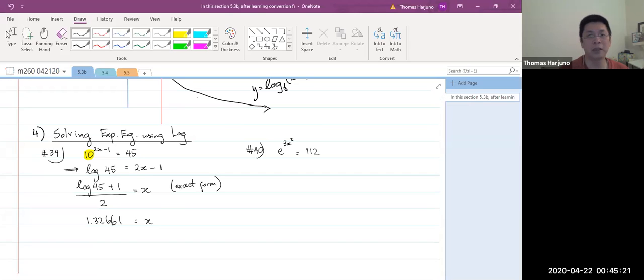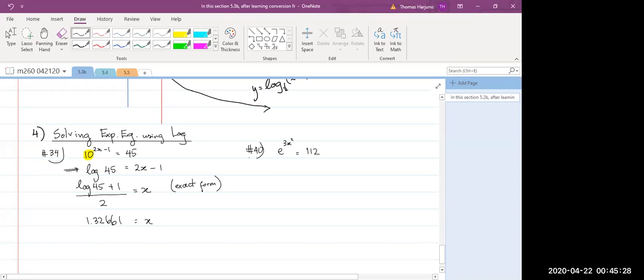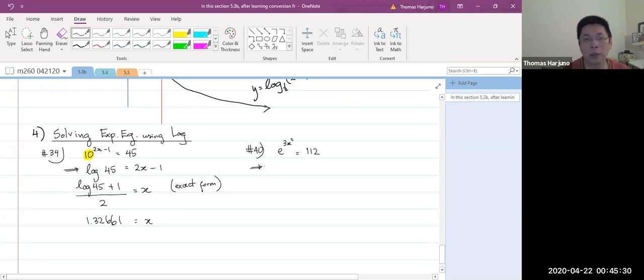The base is e, so what do I use? Natural log. I will use natural log, that's right. So it will be natural log of 112 equals the exponent 3x squared.